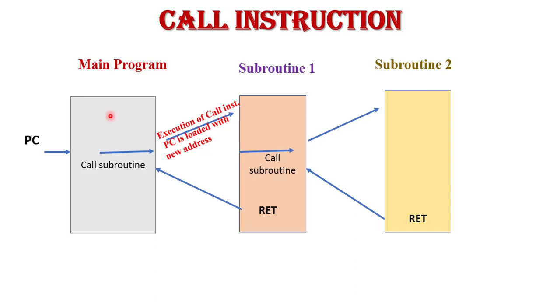But in between the main program, if we also want to search for the smallest number, we perform this task with the help of a subroutine. So the main program calls the subroutine to find or search the smallest number. And if we also want to remove the smallest number after saving it, this subroutine calls another subroutine.